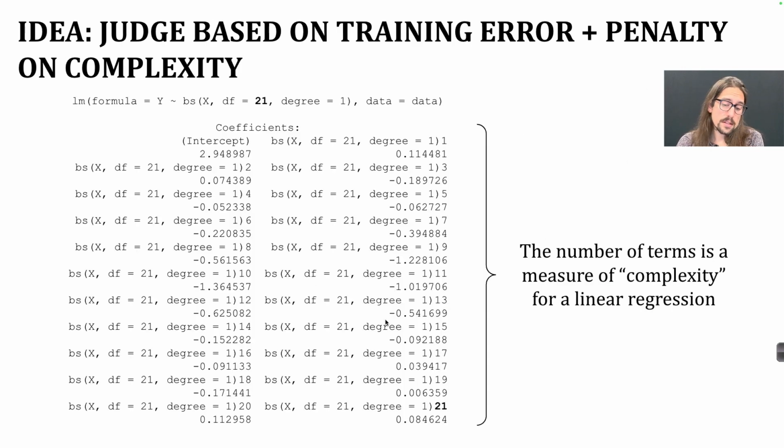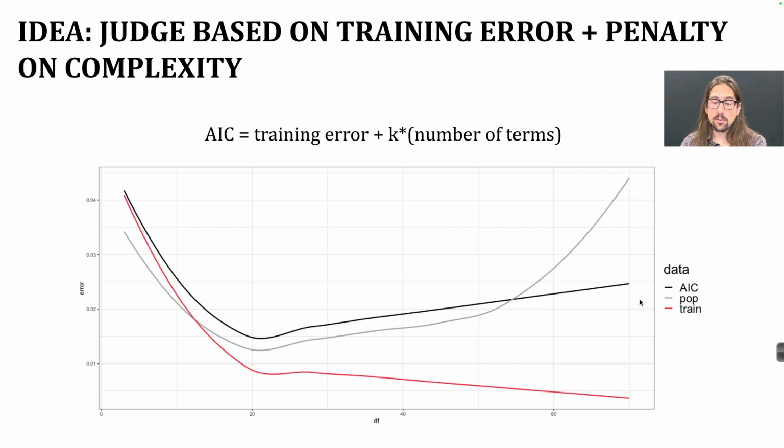So in this case, the measure of complexity for a linear regression is basically just the number of coefficients that you're fitting. And so here what I'm plotting, this thing called AIC, I'll tell you what that is in a second. It's just the training error. It's just this curve plus some constant times whatever number is down here. So I've just basically put a line like that, and then I've added that line to this thing. And so here you can see it's kind of curving down, but there's always some kind of difference here.